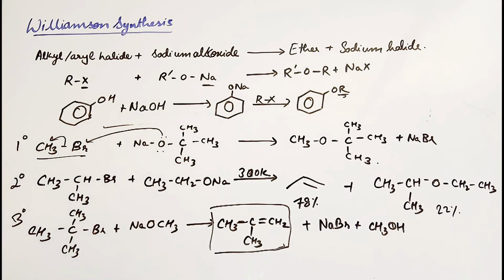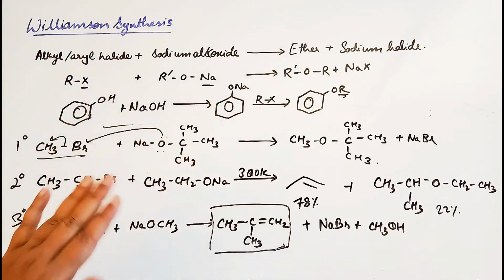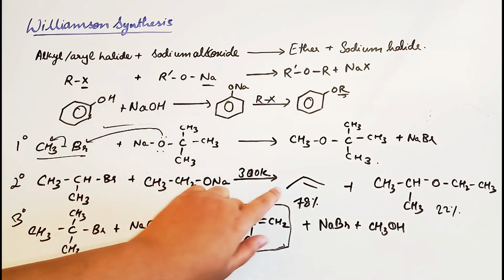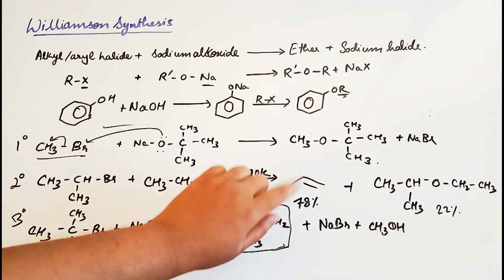Basically, an alkyl or an aryl halide reacts with sodium alkoxide to give rise to an ether and sodium halide. We remember, we will always use a primary halide for the synthesis of the ether, because in case of secondary and tertiary, we start to get elimination products as well. In case of secondary, we have a major product, which is the elimination product.